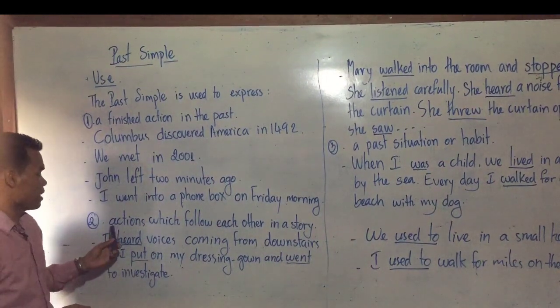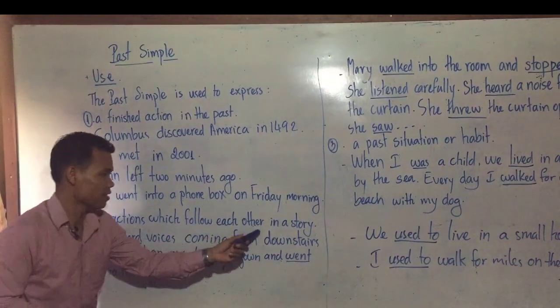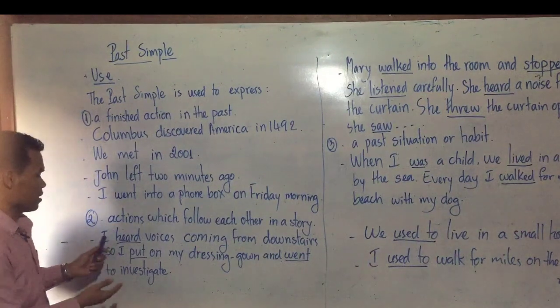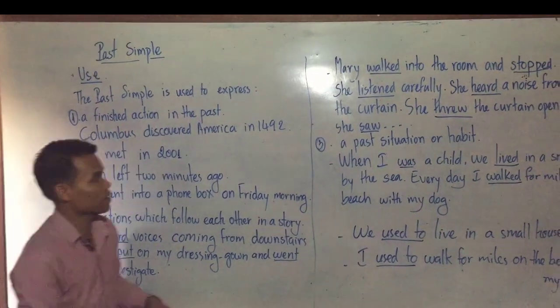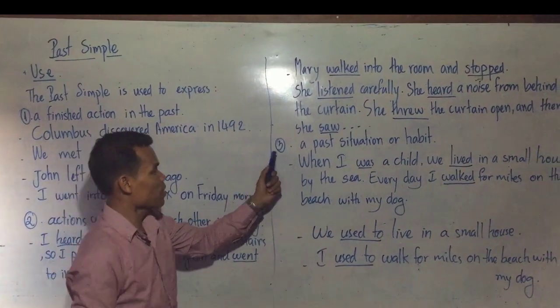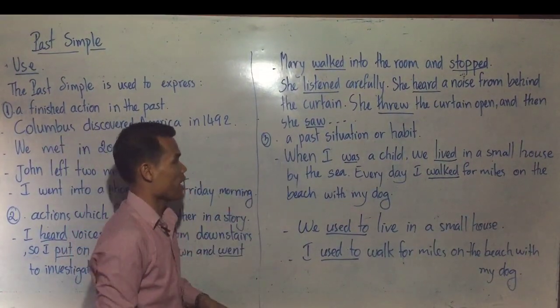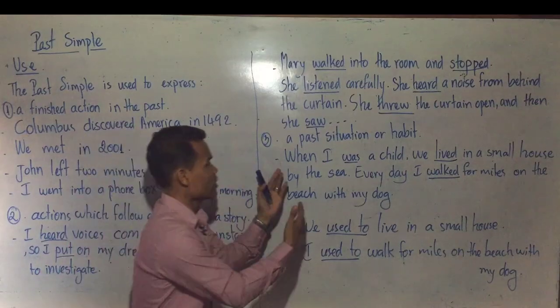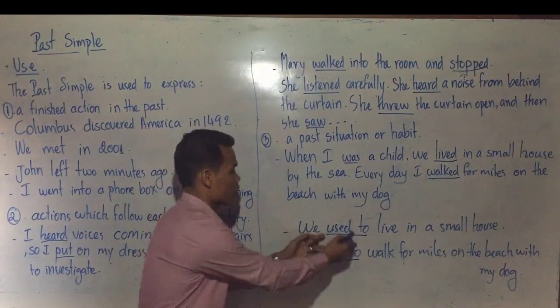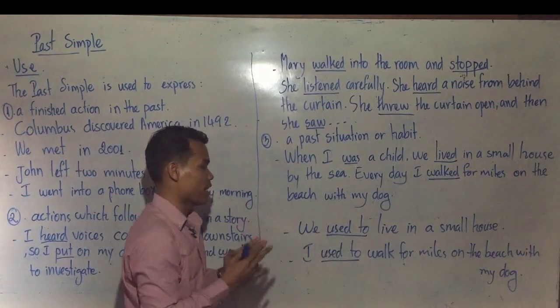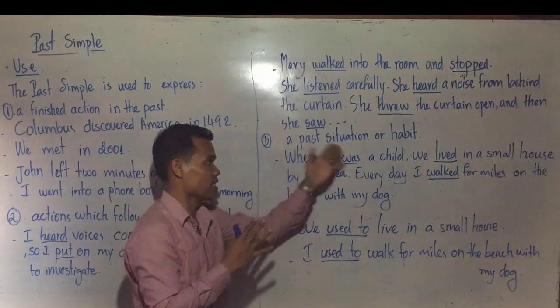The second one is actions which follow each other in stories. Example like this. And number 3 is past simple is used to express a past situation or habit. For past situation or habit here, used to is often used.